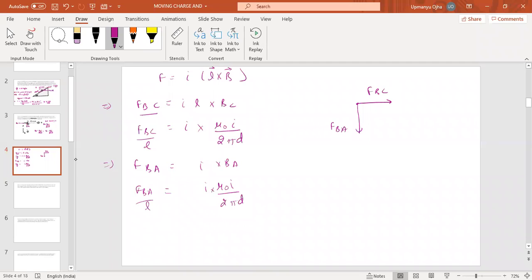Okay, fine. So the net resultant force will be along this direction, that is F net. F net will be equal to the square root of F BC squared plus F BA squared. So that would come as mu naught I squared by root 2 pi d.